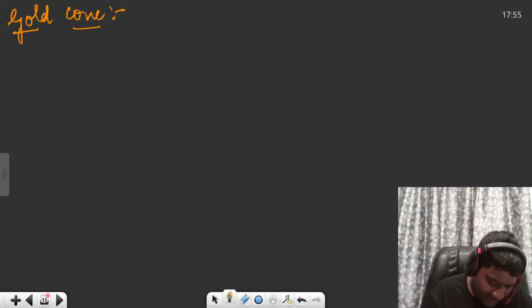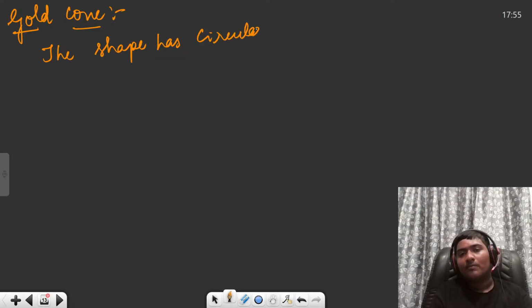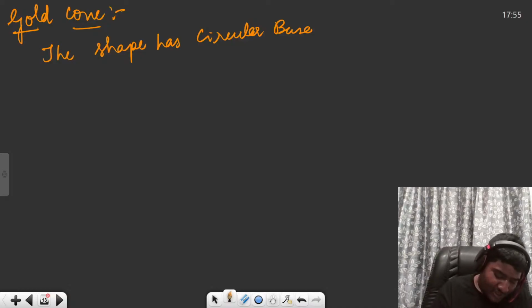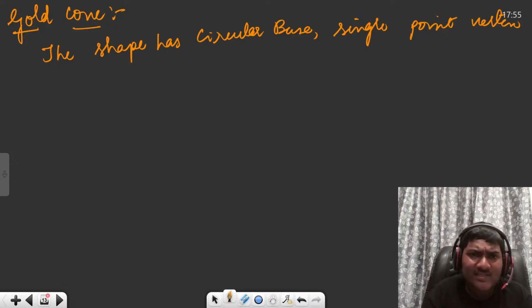So, what are the main characteristics? The shape has a circular base. And what else does it have, children? The gold cone has only a circular base and it has a single point vertex. So what does it have?